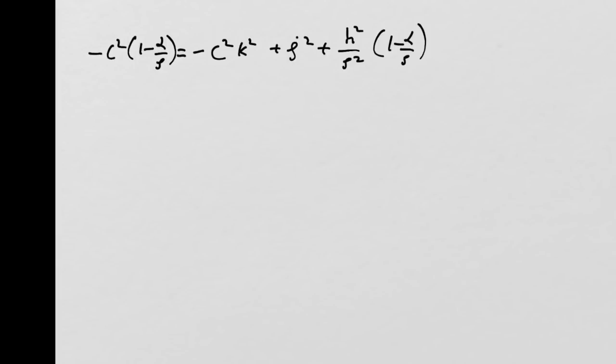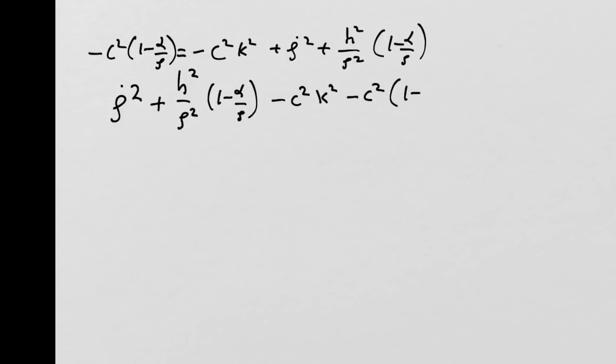I know that in the final form, I want rho dot squared on the far left, then terms with rho in it: plus h squared over rho squared times 1 minus alpha over rho, and then minus c squared kappa squared, minus c squared times 1 minus alpha over rho equals 0.